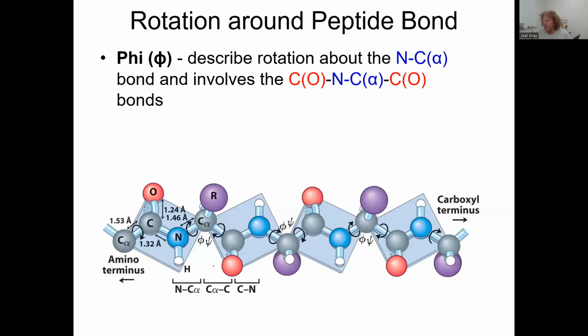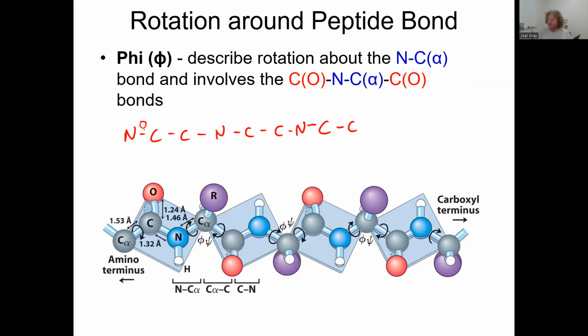Now, the phi angle describes the rotation about the N to C alpha bond and involves the C, O, and C. Whenever I'm writing a polypeptide, I'm going to write it like this: N, C, C, N, C, C, N, C, C. There's a tripeptide. I haven't filled in all of the atoms, but I know my alpha carbons. What I'm going to focus on is, where is my phi angle?